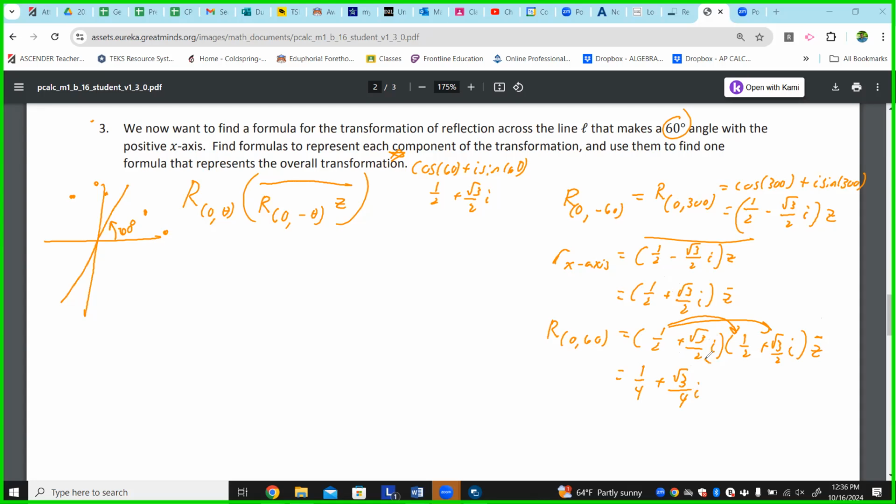Good. Square root of 3 over 2i times 1/2. Square root of 3 over 2i times square root of 3 over 2i.